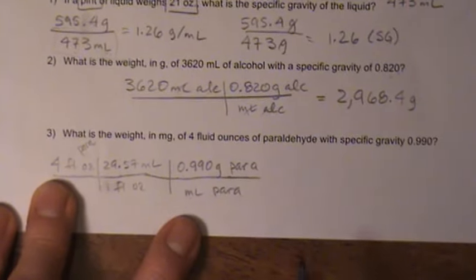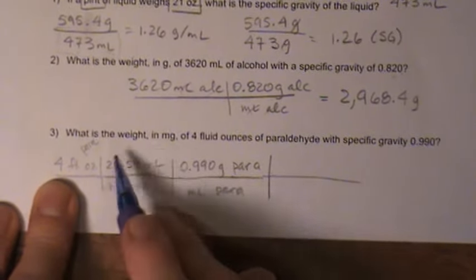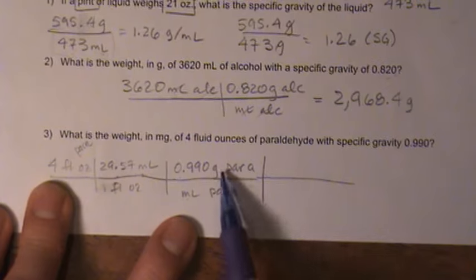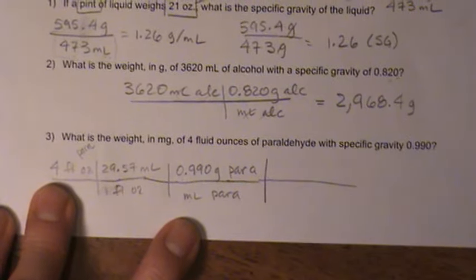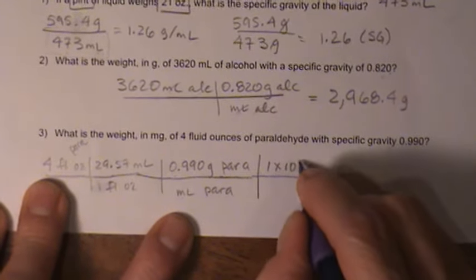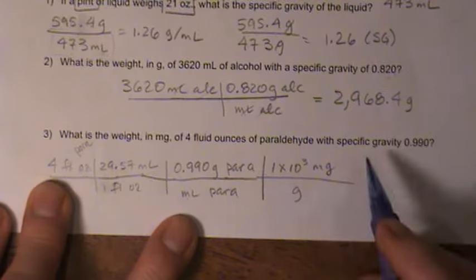Looks like we are on the right track. What was the question I asked? The question I asked was, what is the weight in milligrams? So all we need now, as you can see, we have grams of paraldehyde. All we need is a conversion from milligrams to grams. We know that there's 1 times 10 to the 3 milligrams per gram. Make sure everything cancels out.